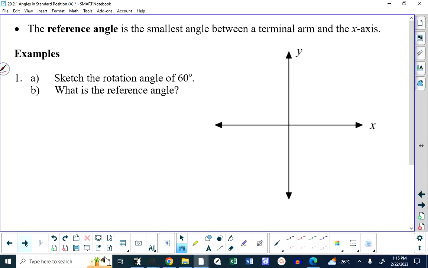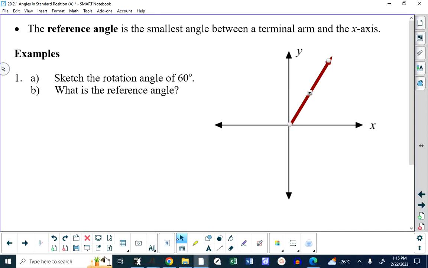Sketch a rotation angle of 60 degrees. Now, I didn't hand out a ruler. If this were a written response, you would want to use a ruler. You can use a straight edge of your calculator or textbook, or just a steady hand if you like. But 60 degrees means we are going to take an initial arm and rotate it counterclockwise through 60 degrees, which will be about here.